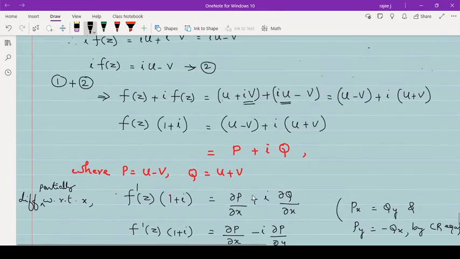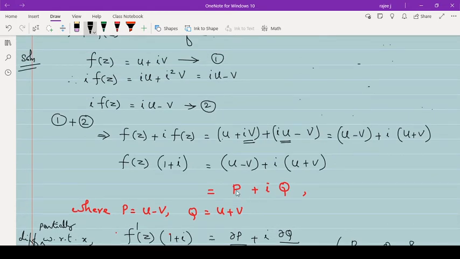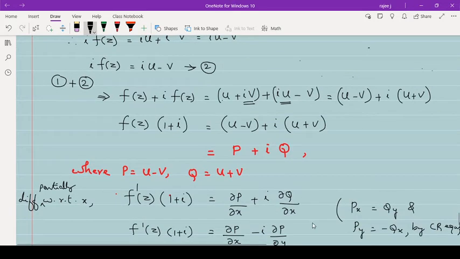In the exam when it comes, first line we will write let f of z is equal to u minus v. Then the next line you can write this one. So 1 plus i into f of z, not necessary to write all the middle steps. 1 plus i into f of z is equal to p plus iq, where this is important.